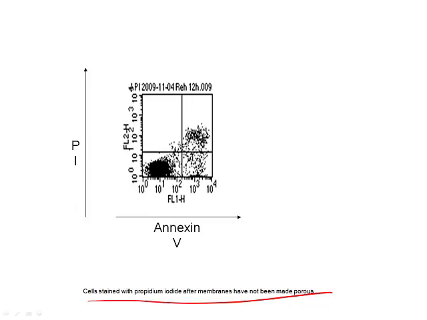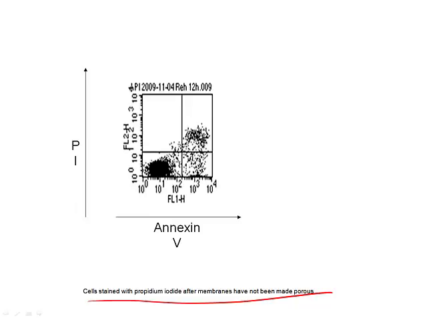Propidium iodide can only go into the cell if the cell membrane is made leaky, which we do in the so-called Nicoletti protocol by adding Triton X. In this double staining protocol, we don't make the cells leaky. What we do instead is we give propidium iodide to them and we give annexin 5 to them. Annexin 5, remember, binds PS, early stage apoptosis.